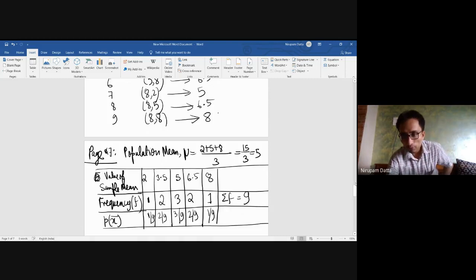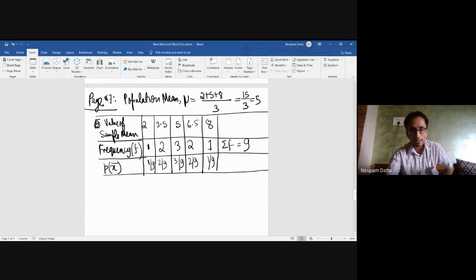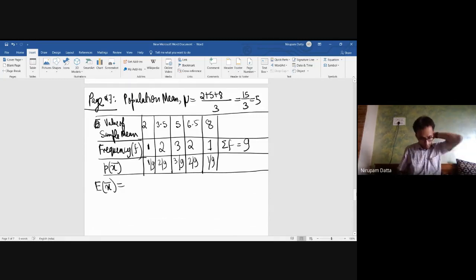Okay. So now we'll have to find the expected value of the sample mean, which is nothing but the sum of x into p of x.